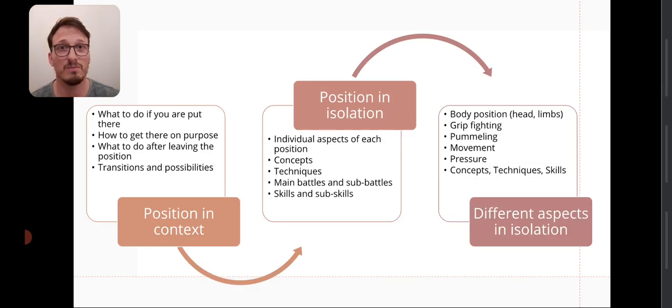So in the end, what you have to do as a coach, teacher, instructor is, on the one hand, at the beginning of the lesson, or even at the beginning of a training cycle, put the position into context, because not every student knows the position.